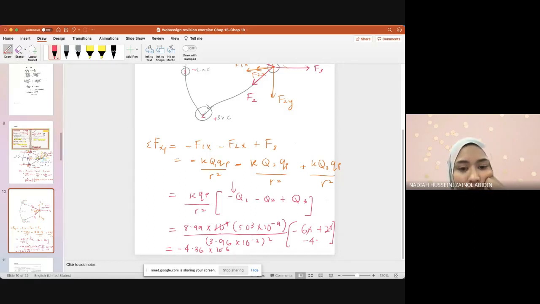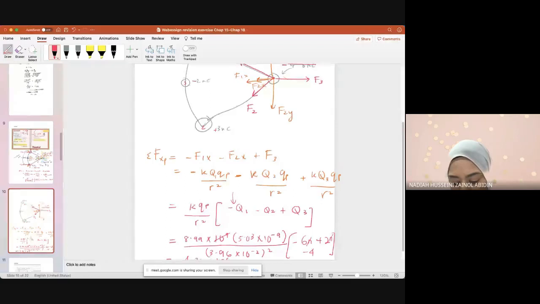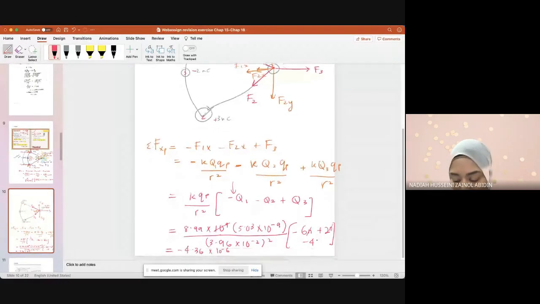KQQ over R squared. I think we put values lain kot. 3 betul. Nano is 10 to the minus 9. R is... we should get the same answer as Danish sepatutnya. Okay, don't know what's going on.